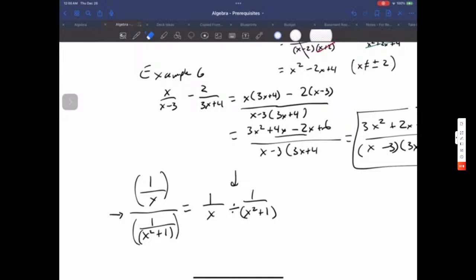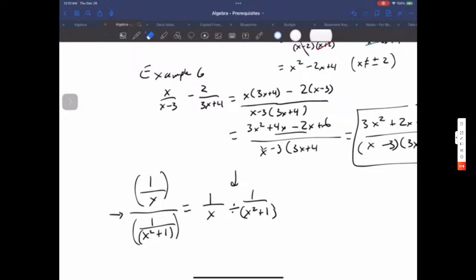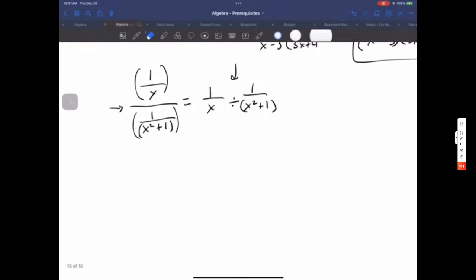Now, one thing that you'll see that this relates to, and this example we will do, is example 9.